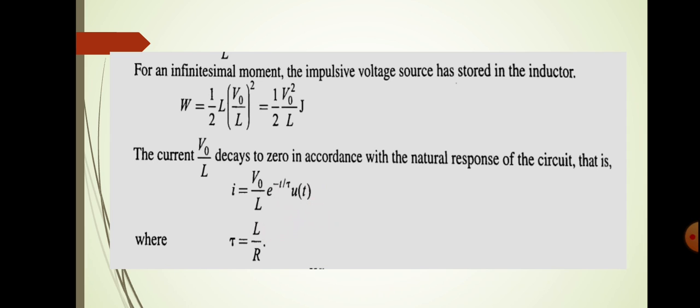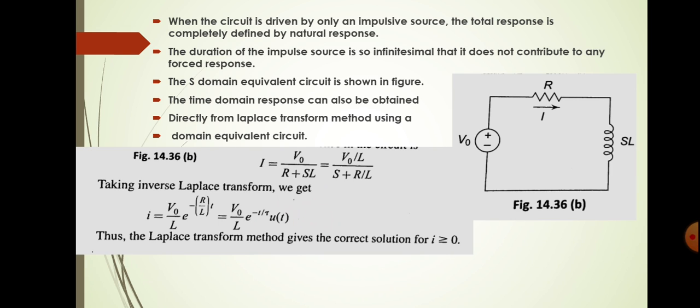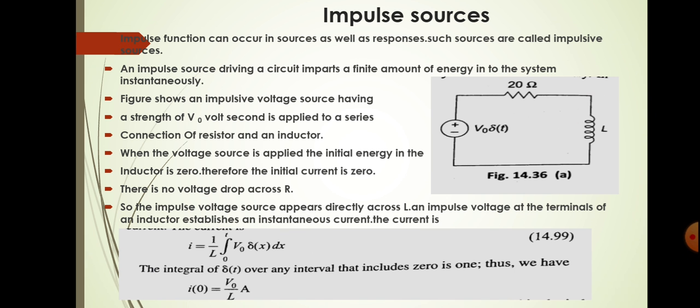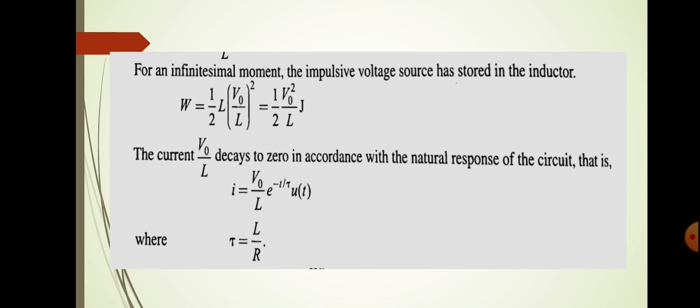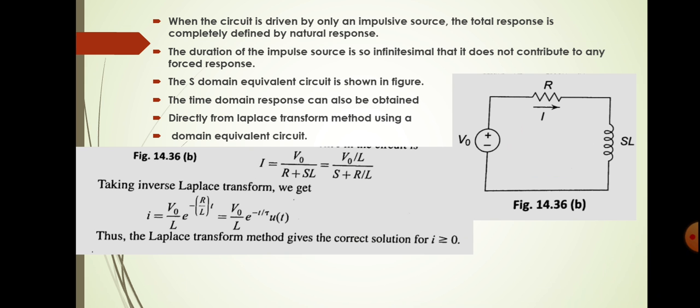The same circuit can be solved by using the Laplace transform method. For that we have to draw the corresponding S domain circuit. Here an impulse comes, V0 into delta of t, so the S domain value will be V0.